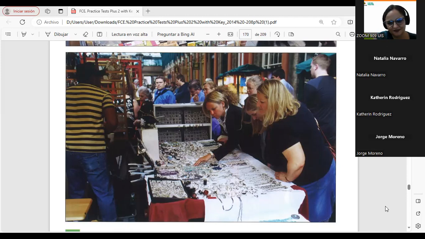It is crowded. So maybe it's a, how do you say mercado, teacher? Which kind of word with that one? What do you want to say, Natalia? Like Plaza Mercado or something like that.